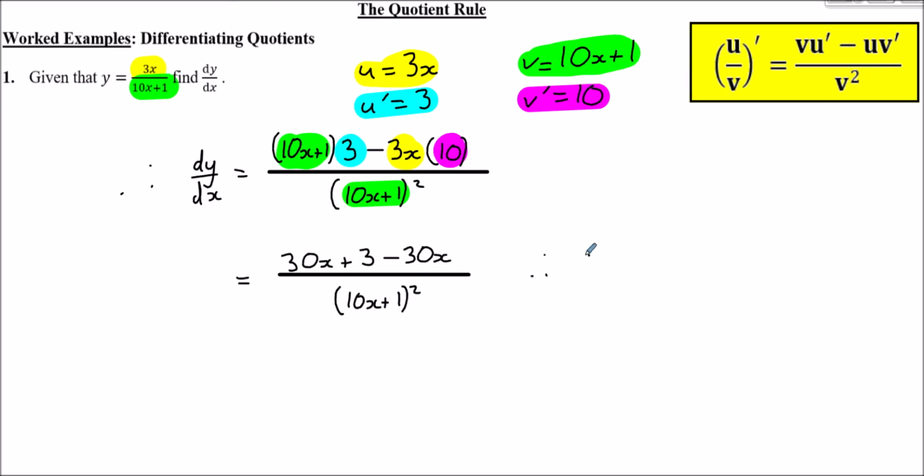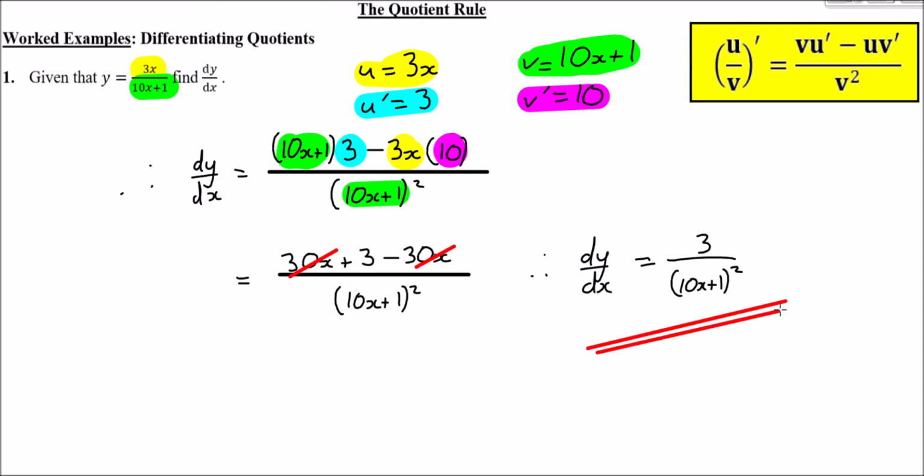So therefore, dy by dx, 30x minus another 30x, quite clearly will cancel. That'll just leave us with 3 over 10x plus 1 all squared. And that's the first one done. Simple as. Know the formula, plug in your values, but like I've pre-warned you, it can get a bit trickier than that. That's the basics.